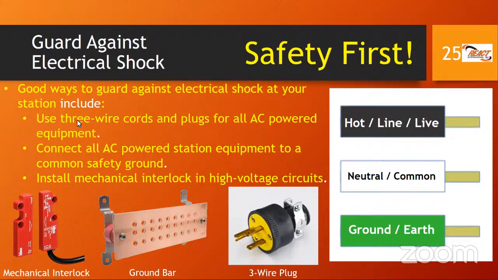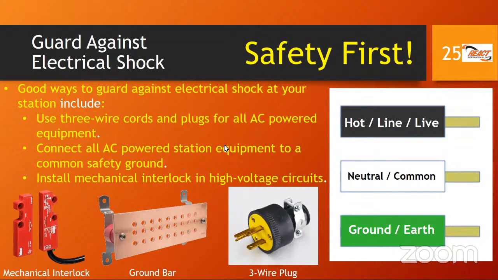So once you're talking about our standard AC power equipment, you have 3 wires. So you have 1, 2, 3 pins on the plug. So this is a 3-wire plug, and it's grounded. So one is a ground, one is a neutral, and one is hot or live. And that's one way that we can guard against electrical shocks, by making sure that we use 3 pins, one of which is the ground.